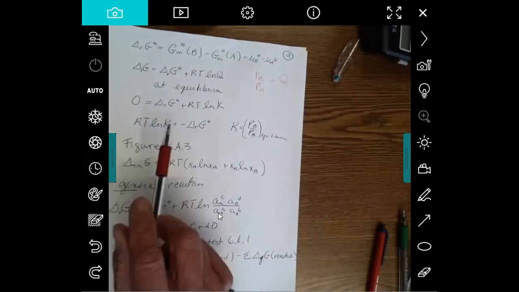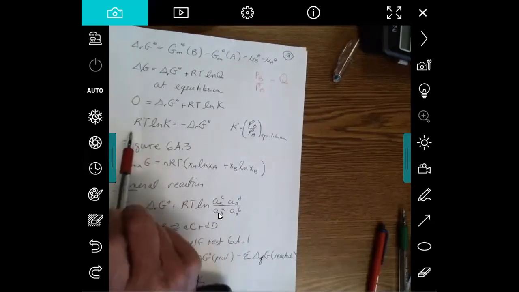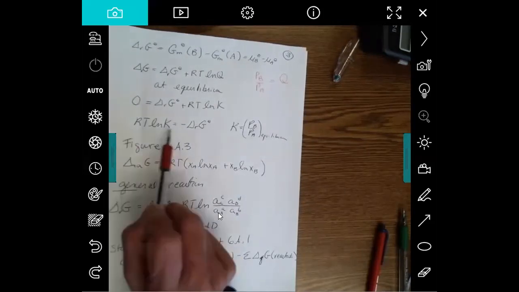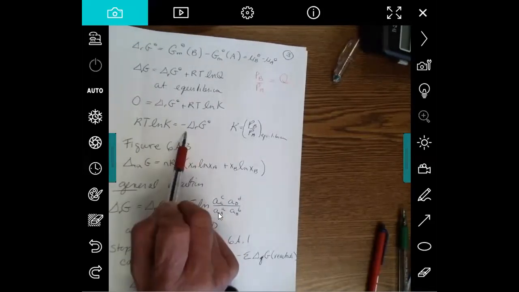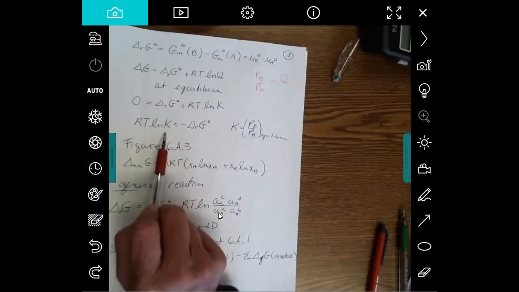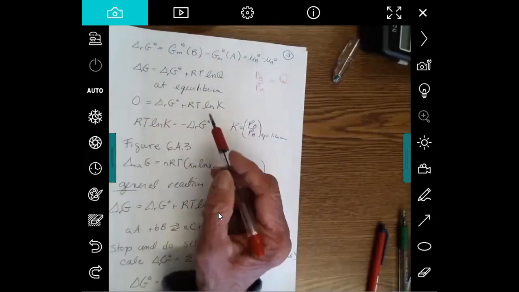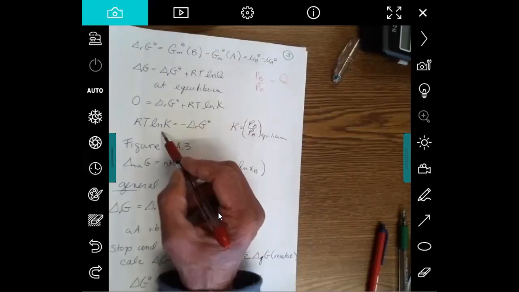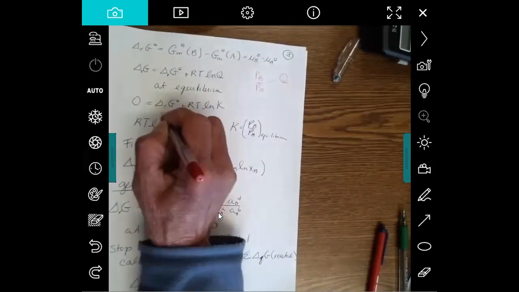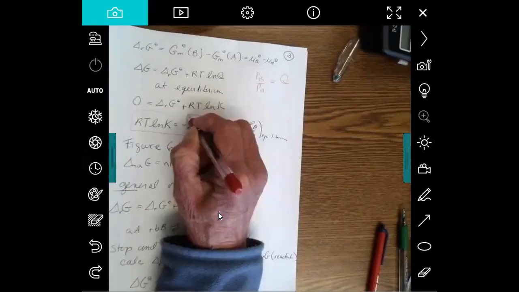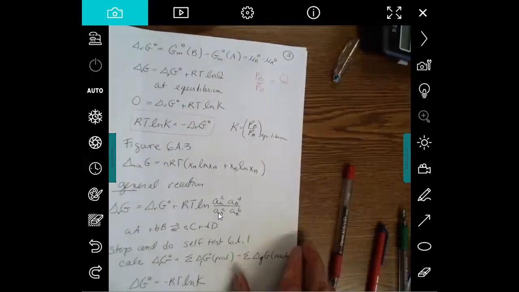And you see that makes a lot of sense based on what we've known so far. We know that delta G tells us if a reaction is spontaneous. At equilibrium, it must somehow be related to the equilibrium constant. But if you just rearrange this, you see the direct relationship. It's a logarithmic relationship. And this also is an equation that I know you have used many times.